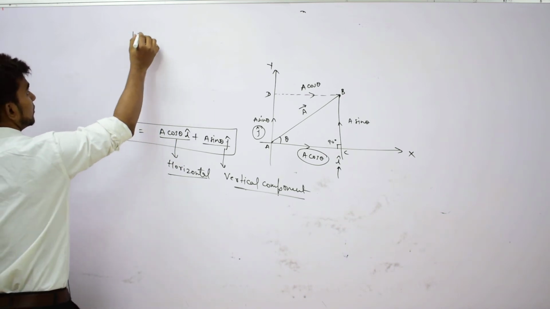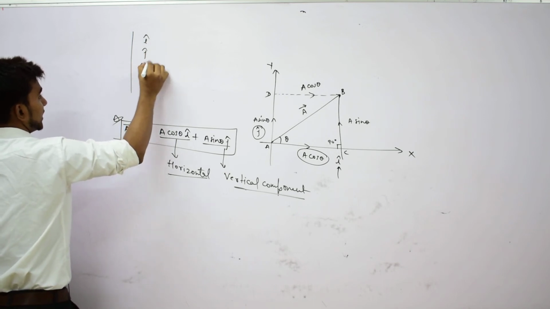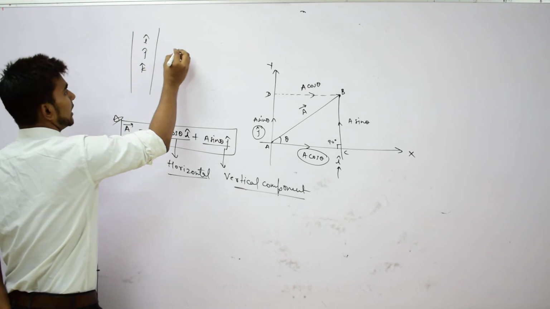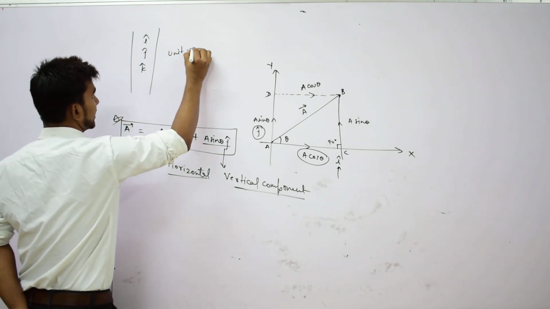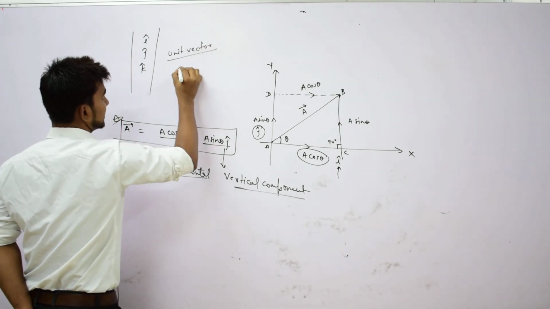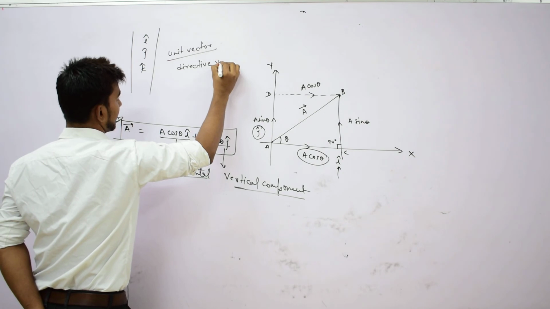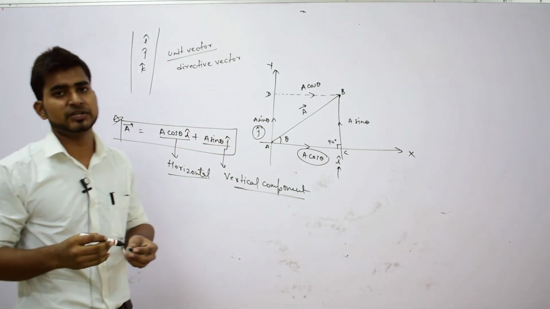You need to know the use of I cap, J cap and K cap for the representation of a vector. I, J, K are all unit vectors, or we can say directive vectors. They denote a particular direction in space.